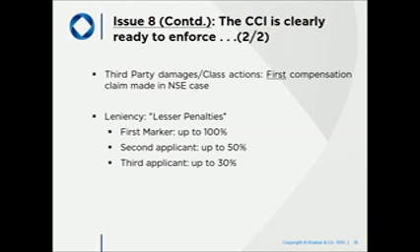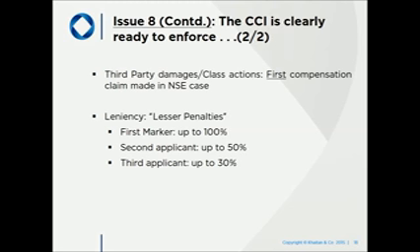The other important thing to keep in mind about the enforcement regime here in India is that there is a leniency section of the Competition Act, and it's referred to in the Act as lesser penalties. Here, a marker system is used, so the first one in and the first one that perfects its application can get up to 100% reduction in a CCI fine.